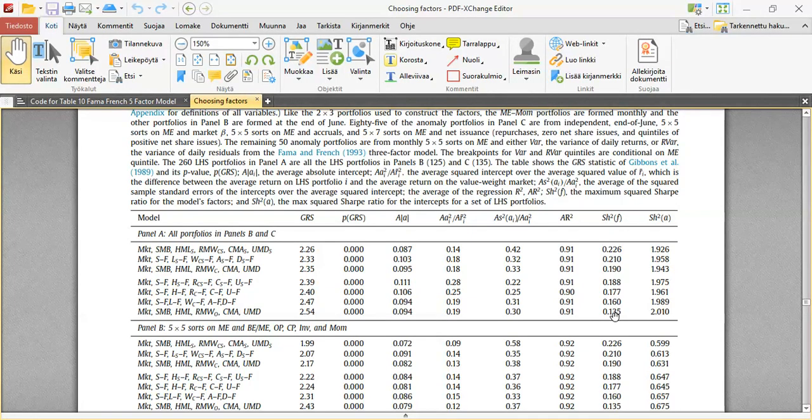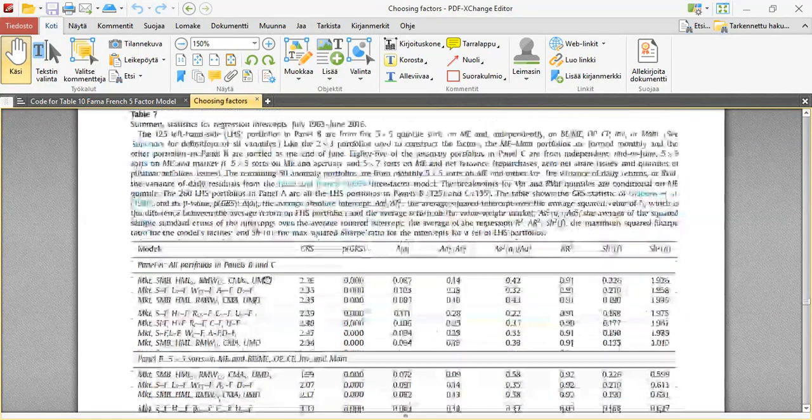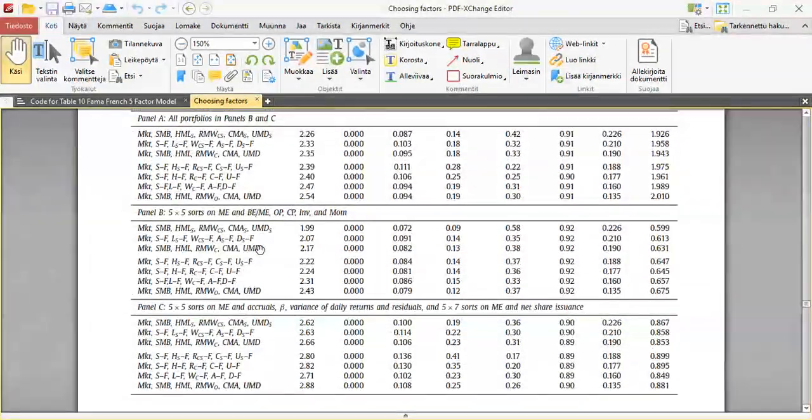It's basically the same conclusion as with the GRS test. So in this case, using these 260 test assets would produce basically the same results, irrespective of whether we use the maximum squared Sharpe ratio approach or the GRS test. This is what we learn from table 7.